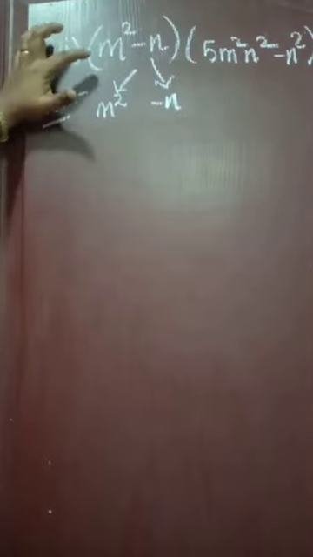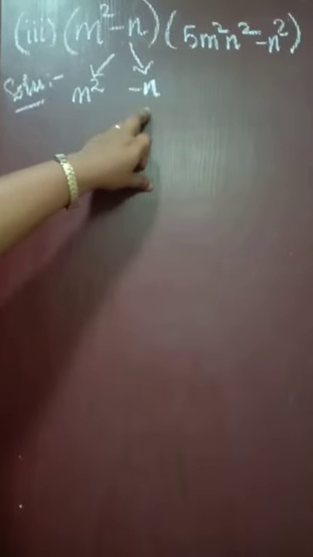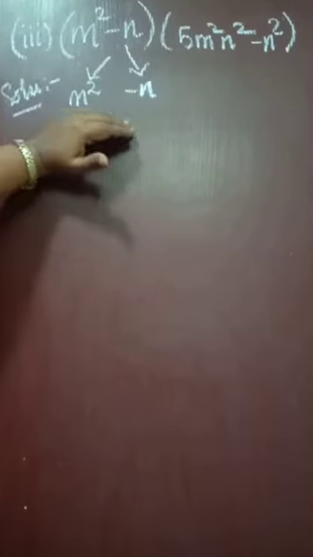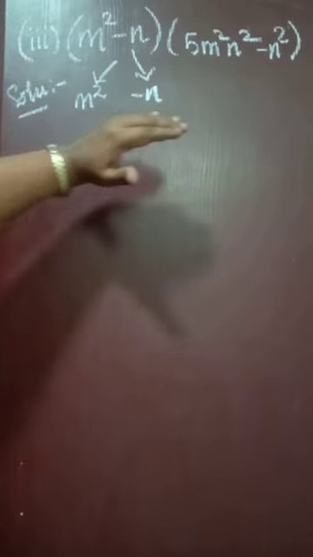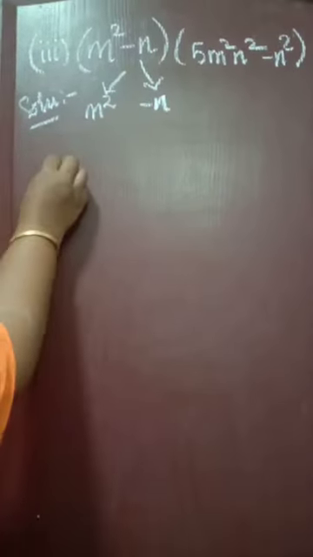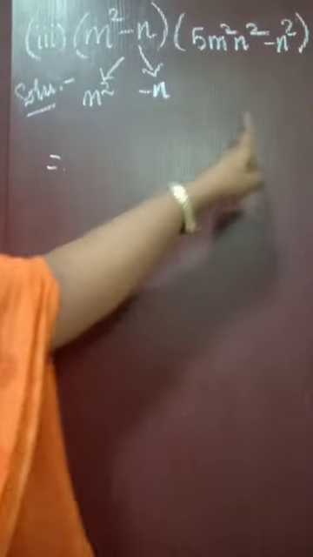For the first method, I split this bracket. What are the two terms here? Yes, m square and minus n. So I split this bracket: one is m squared and another one is minus n. Next, I am going to multiply m squared with the second bracket and minus n with the second bracket.